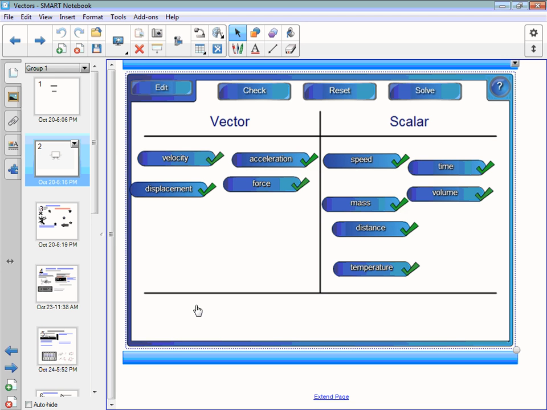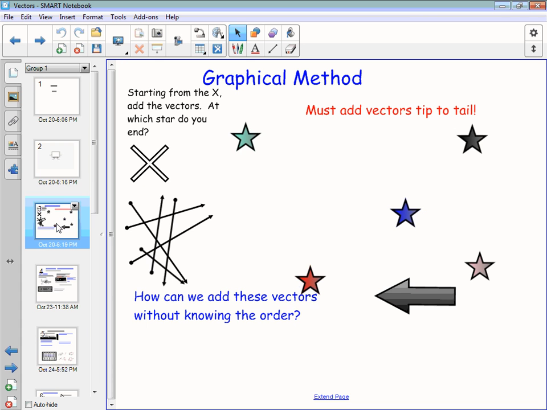Okay, good, lovely. Let's move on. That was just a review of what we've already learned with vectors and scalars.